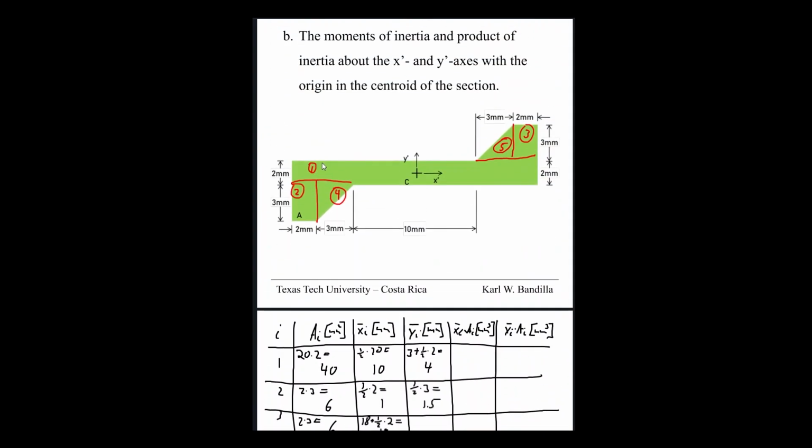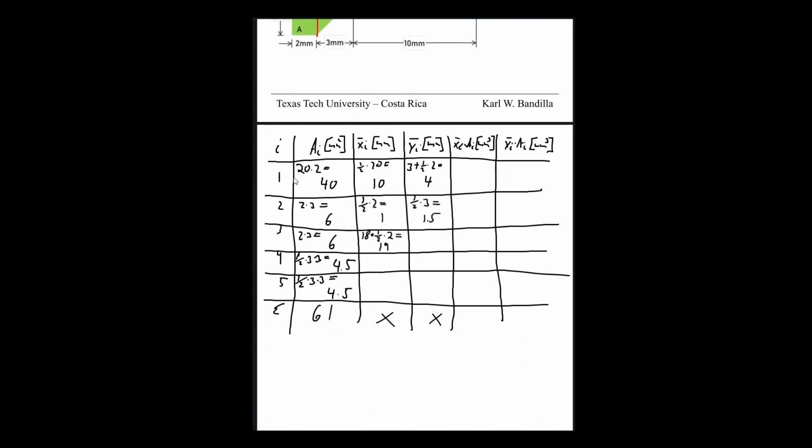In the y direction, I have to add 5. So 5 plus 1/2 times 3 is equal to 6.5. Not 1/2 times 2, but 1/2 times 3.